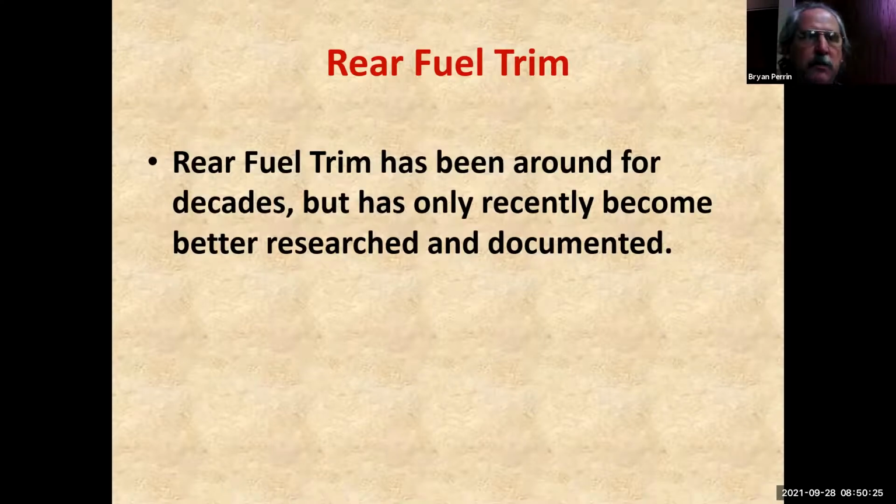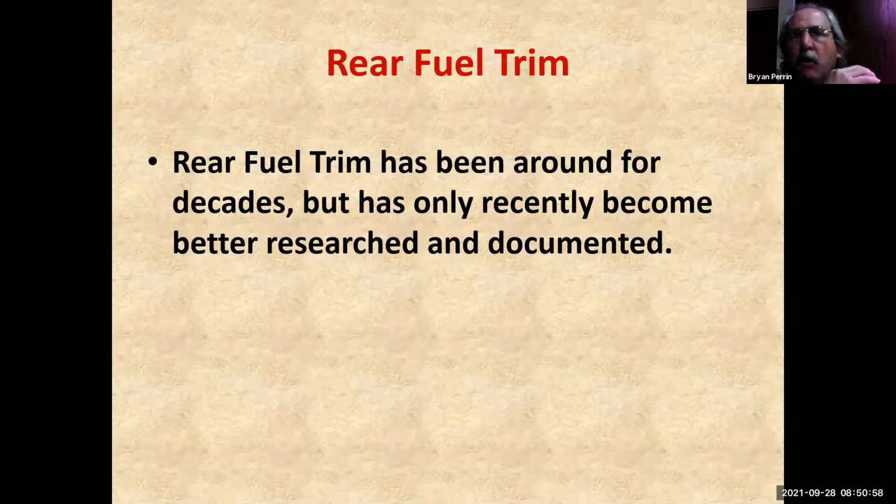That being said, it was not until 2009 that manufacturers were required to set a code for it. So prior to 2009, manufacturers didn't even need to tell you it was there. There's a whole lot of vehicles that we have to fix for these rear fuel trim issues, and the manufacturer is not telling us that they're using it. Matter of fact, when I was doing the BMW training, with BMW trainers from all over the country, I was actually teaching them about rear fuel trim.